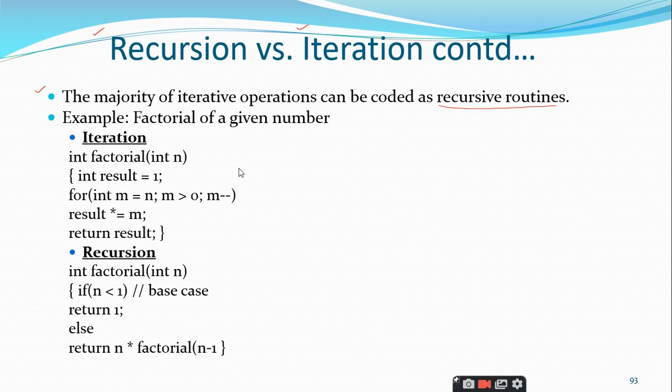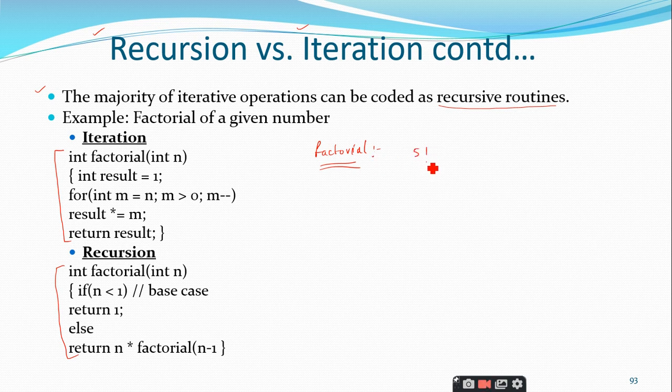But the choice is dependent upon the programmer's logic. Whether you should go for recursion or not is purely dependent on the programmer's choice. If you observe the first program and this one, in both of them we are making use of the factorial program. We know how to calculate the factorial.